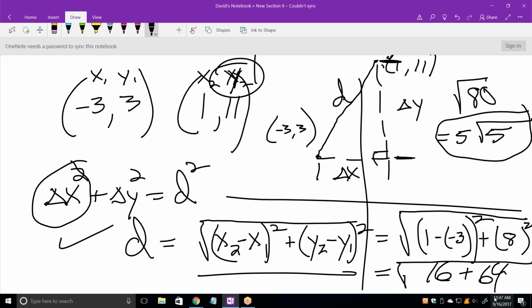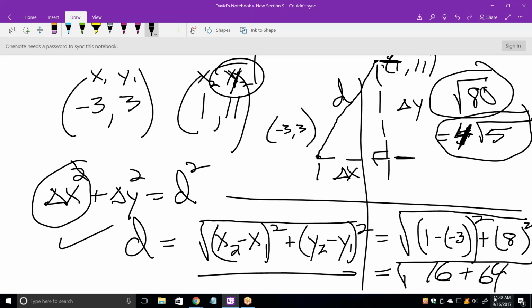5 goes into 80 16 times, and the square root of 16 is 4. So root 80 simplifies, and you never want to give root 80 as an answer. You always want to simplify it.